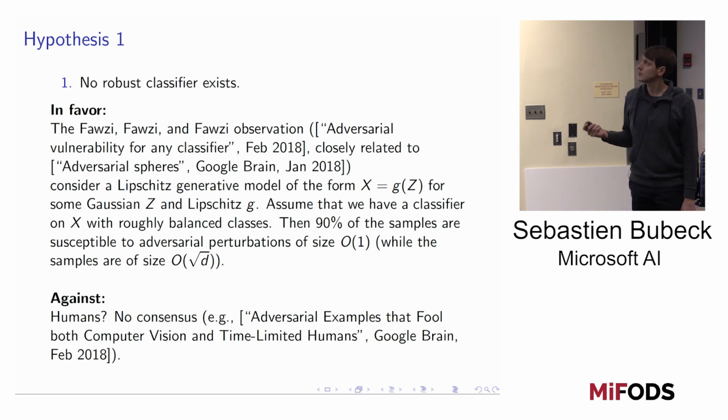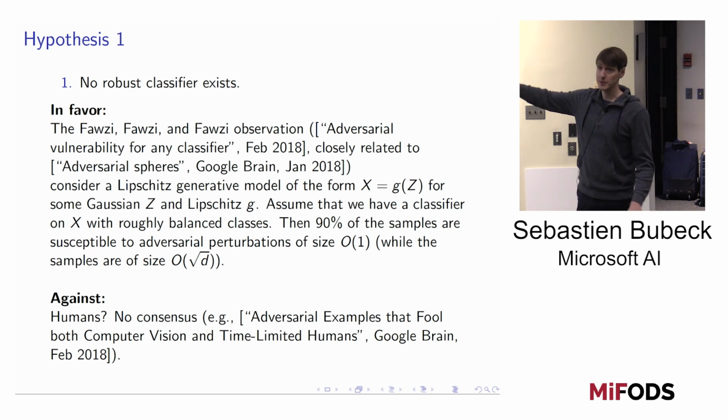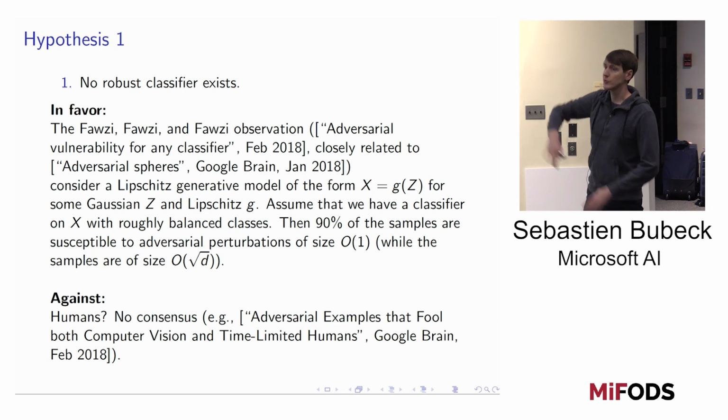Again, the title says it all, but people sometimes bring up optical illusions as an example of adversarial examples. That's not at all what we're talking about in this talk, because what we want is for the bulk of the images.